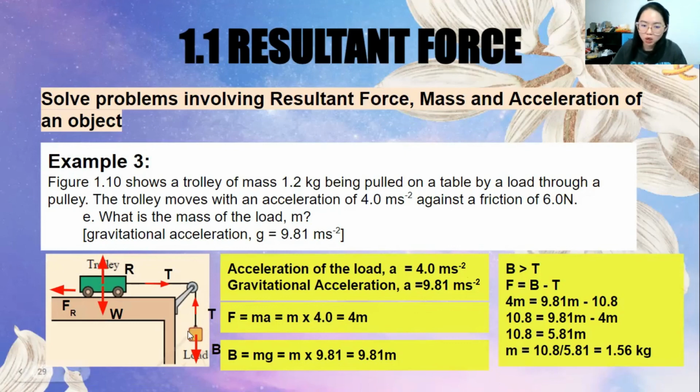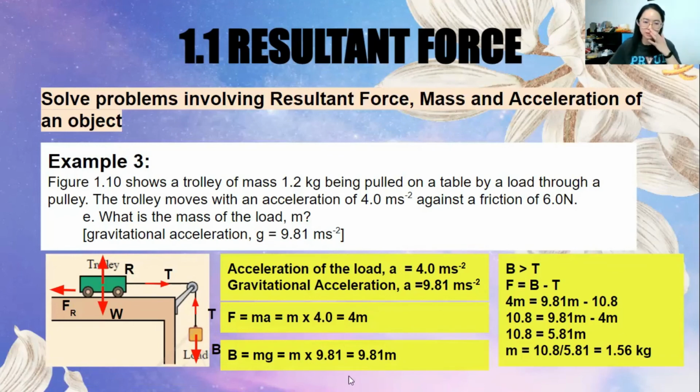Then the weight of the load, because it is affected by the gravitational force, B is equal to mg. Actually, this B refers to berat in BM. So weight and berat are the same, so don't get confused with W and B. B is actually berat, it's the same. B goes to mg, so M multiplied by 9.81, I have 9.81 M.